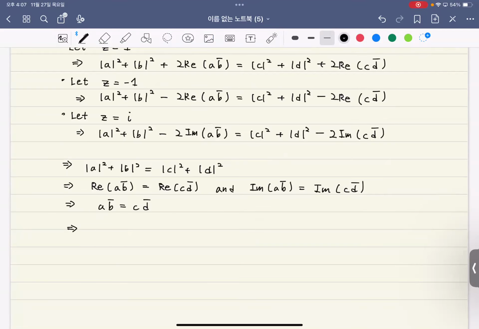In other words, A over C is D over B bar. Yeah, I should better say everything taken with complex conjugate. Okay, all right, we are not out of the woods yet.